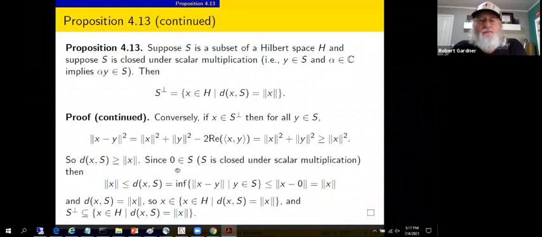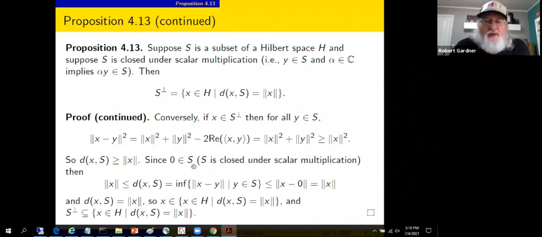Now, 0 is in S. S is closed under scalar multiplication, so take something in S and multiply it by the 0 scalar, and that produces the 0 vector. We haven't assumed S was a subspace. And if it is a subspace, it satisfies the hypotheses here. We're more probably prone to deal with subspaces more than subsets, but it's stated in a general form.